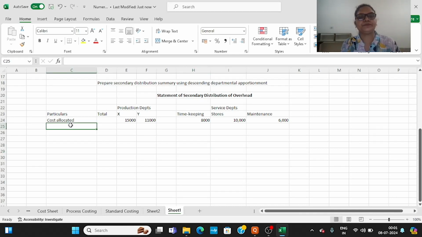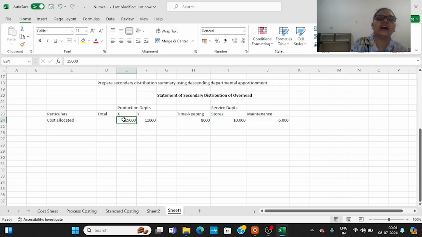Next, in the question we have to allocate all these expenses on a certain secondary distribution overhead basis. In secondary distribution overhead basis, it's basically descending departmental apportionment.